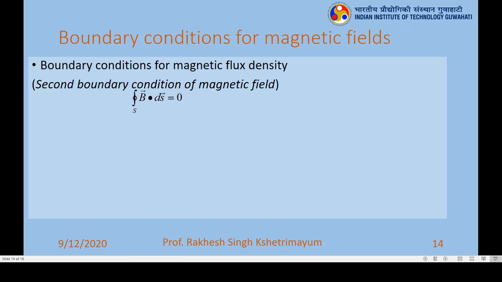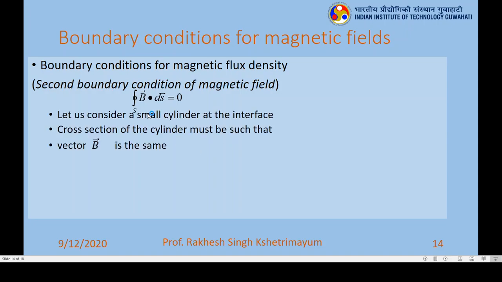Let's discuss the boundary condition for magnetic flux density. Obviously, we'll use the Gauss law for magnetic field. B dot ds over a closed surface is always equal to 0. There are no magnetic monopoles. So we will use the same Gaussian pillbox we have used for the electric field also. As you know, the contribution will be from the top surface and bottom surface.